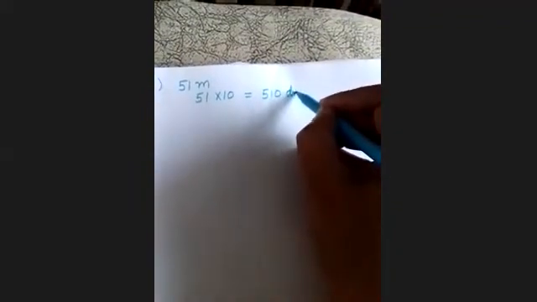Yes, students. Next is part C. Part C is 51 meter. So simply 51 multiply by 10 is equal to 510 dm.